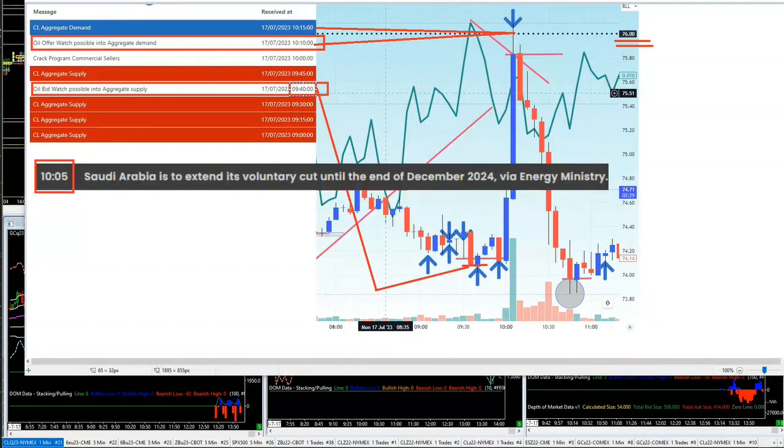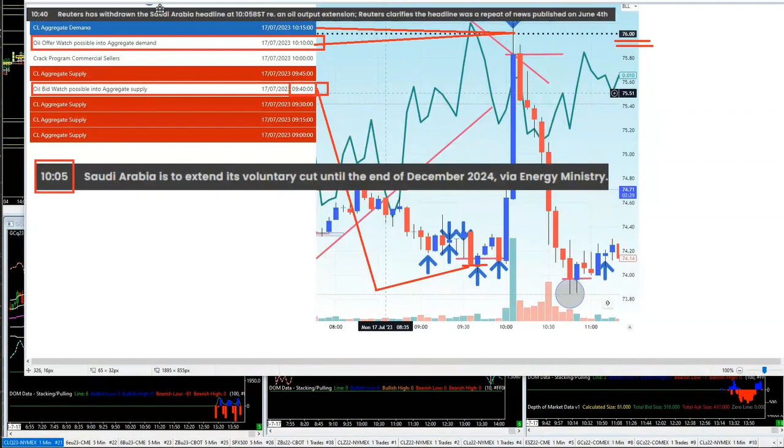And then, when we got that Reuters withdrawal of their storyline at 10:40, you can see the storyline again, look. So the Reuters story then evolved into this.